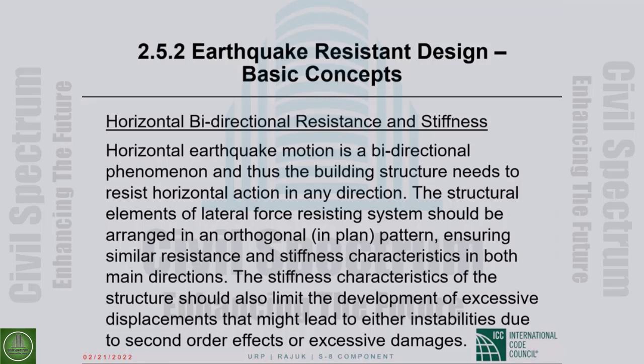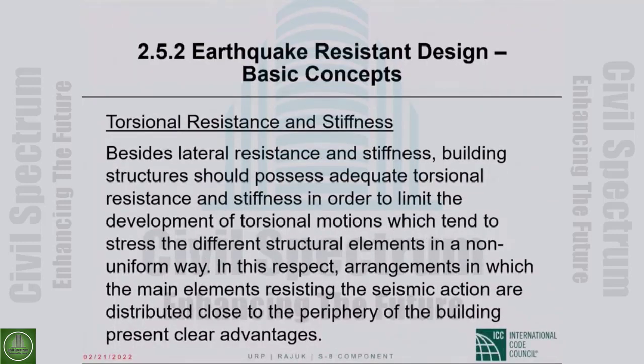Okay, so this is what BNBC says under horizontal bidirectional resistance and stiffness and orthogonal effects. Provisions of ASCE 7 I have discussed with you go far beyond this kind of stating principles idea.